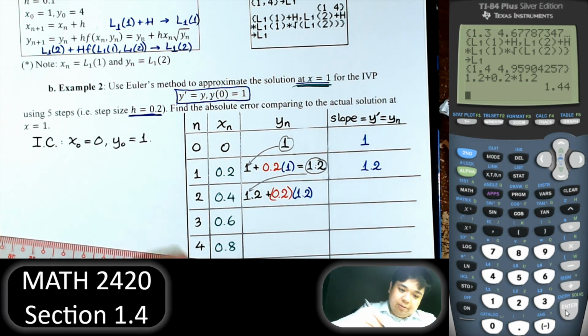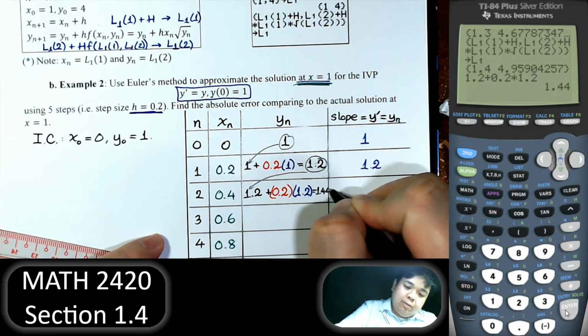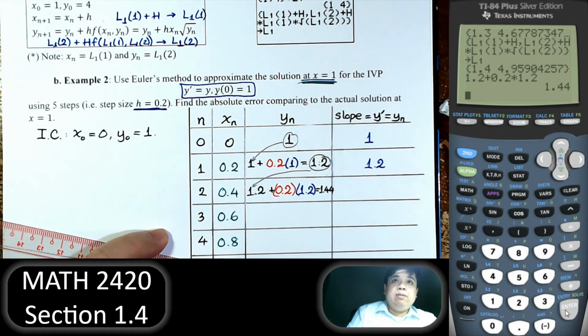That gives 1.44. And we just keep updating. 1.44.